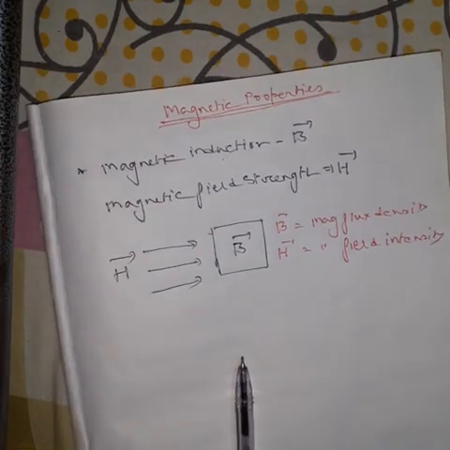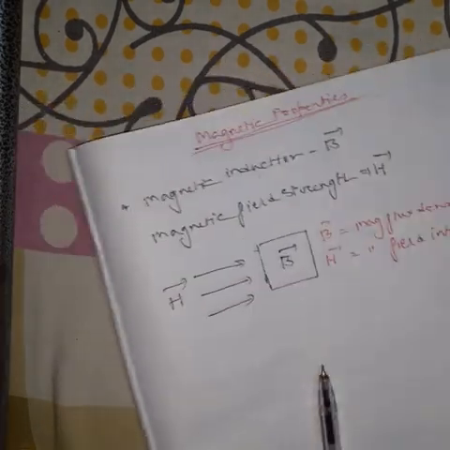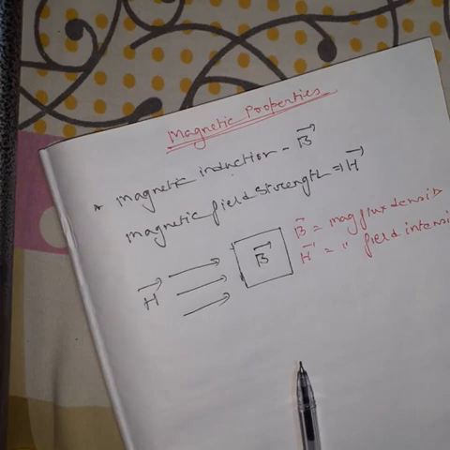So in some respect H is the external one, B is the internal one.